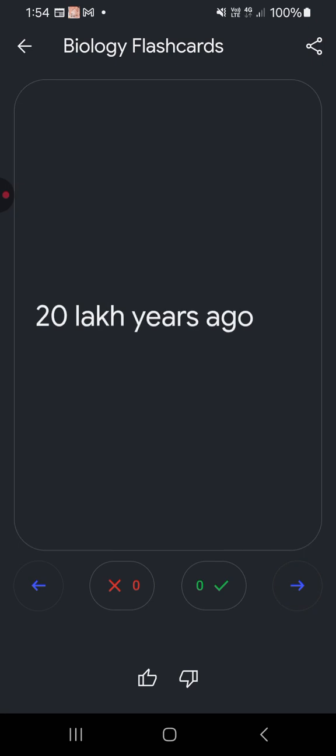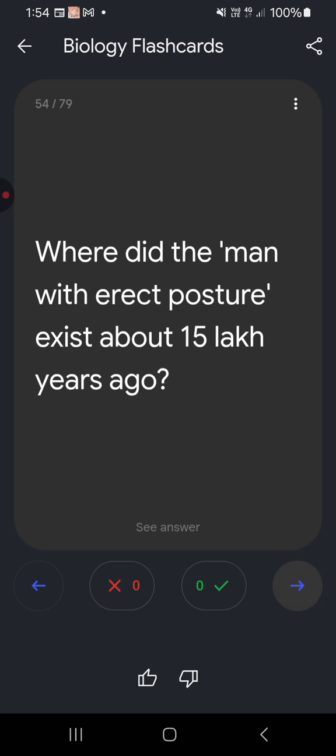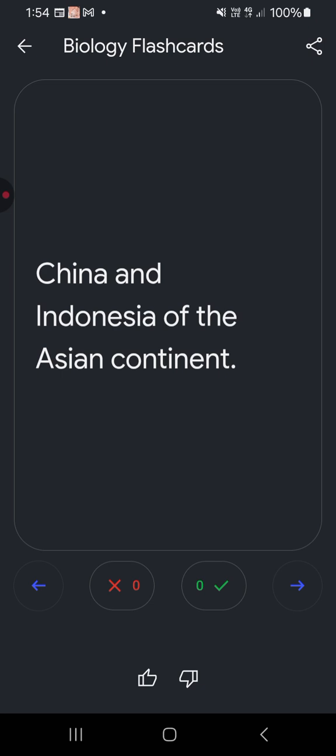About 20 lakh years ago. Where did the man with erect posture exist about 15 lakh years ago? China and Indonesia of the Asian continent.